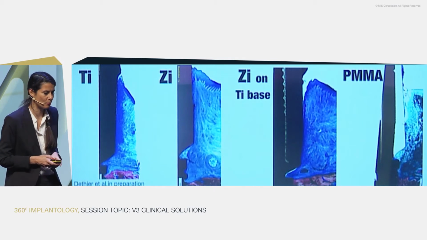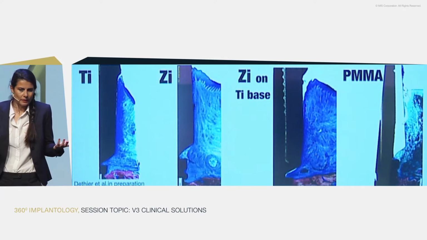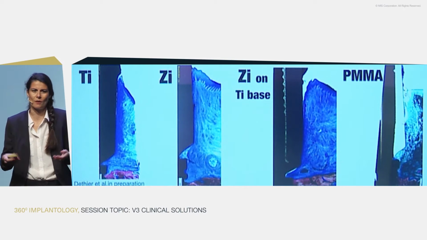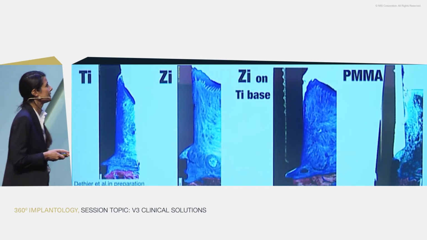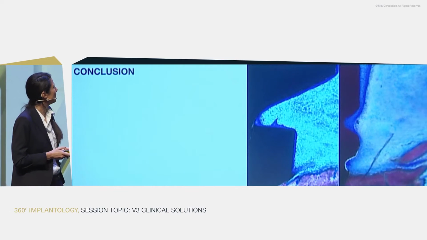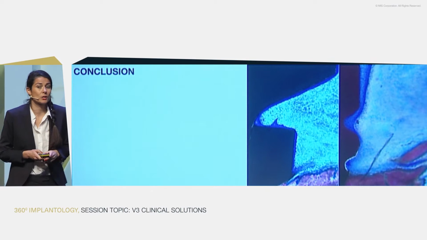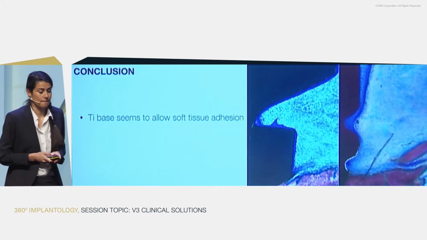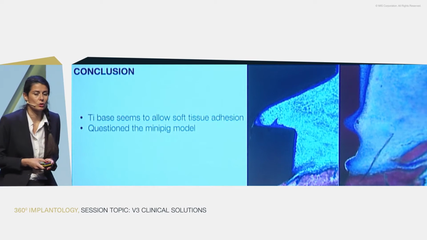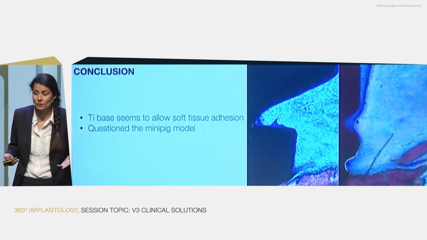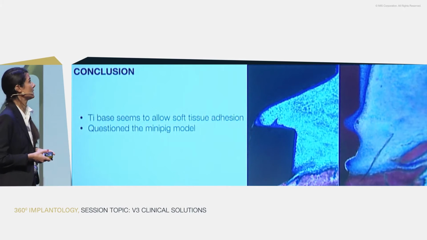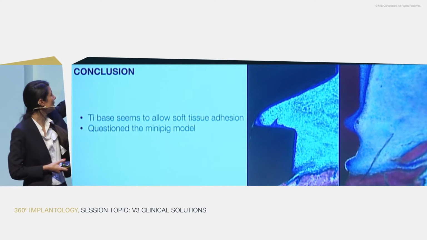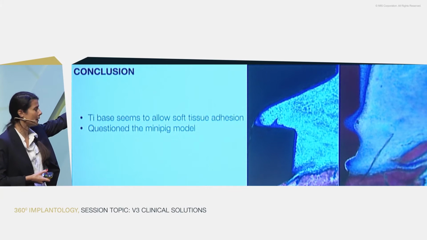So it was really surprising, because it makes sense that it's not biocompatible. You have a lot of monomer release. And we actually conclude from the study that probably the model was not such a good model. We also saw on this model, and it's controversial with what we found in dogs or in human, that these epithelial cells go all the way to the bone.